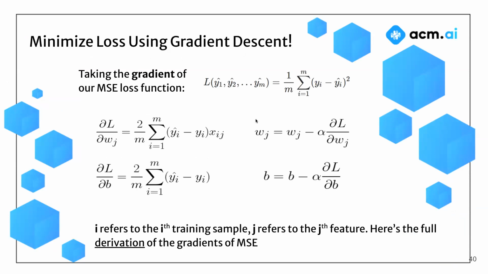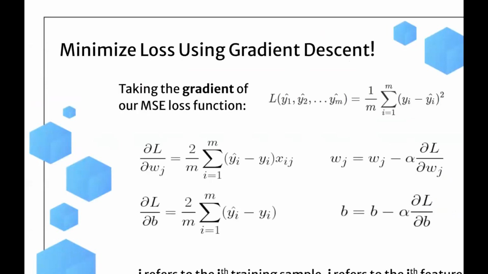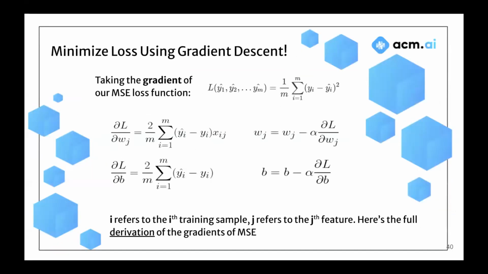If you look at our slides, there's a link to a very mathematically thorough derivation of this, but we'll just quickly go over it. Can all of you see? Okay, cool. Sorry, my handwriting is not the best on iPad, but this is our mean squared error function.